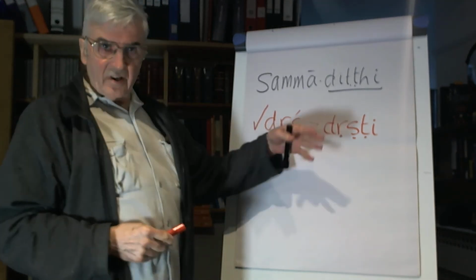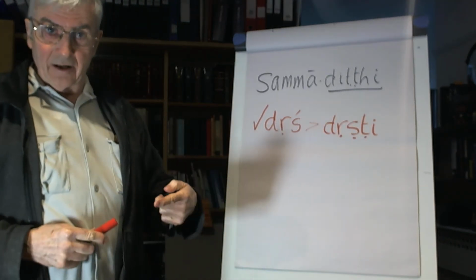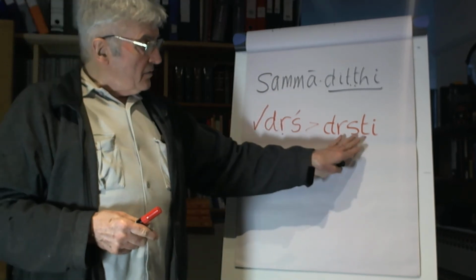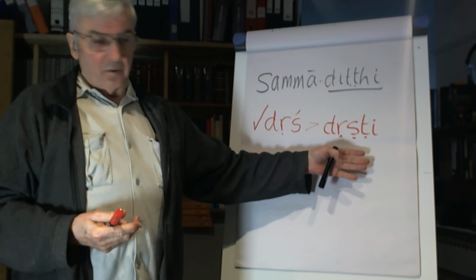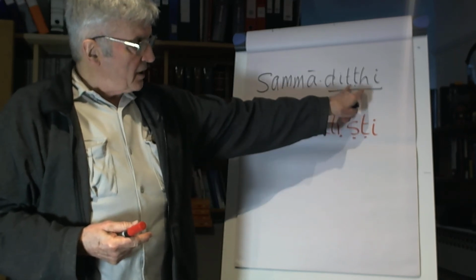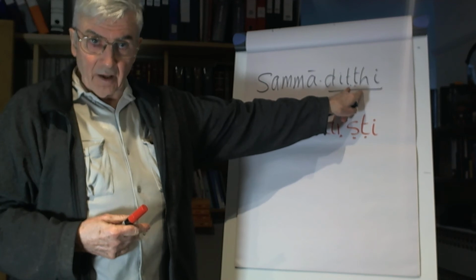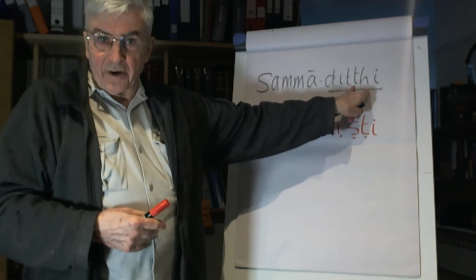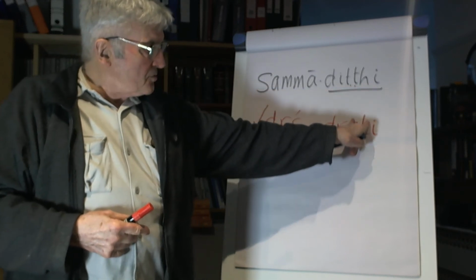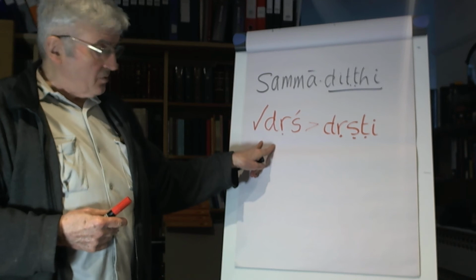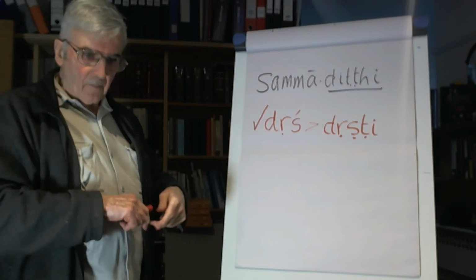So it means a seeing, drishti, as in buddhi, and so on. Drishti, seeing, and therefore a view. And by normal phonetic mutation, it becomes ditthi in Pali. But you would not understand why ditthi and what ditthi really means unless you trace it back through Sanskrit to the Sanskrit root, the root drish.